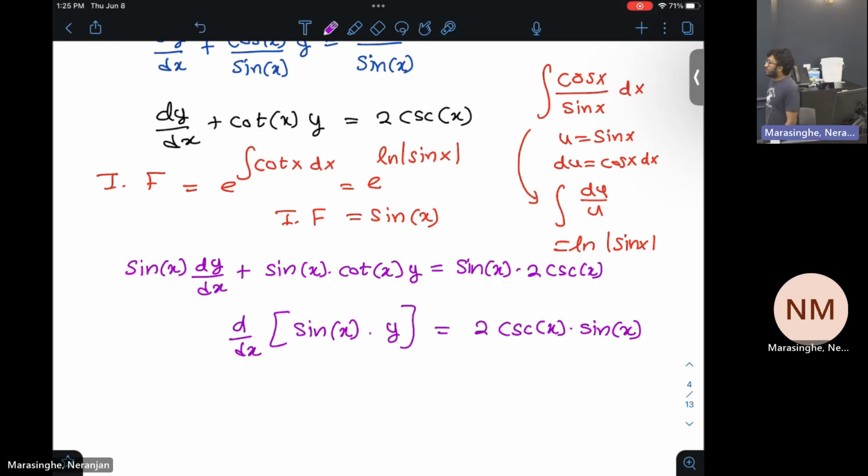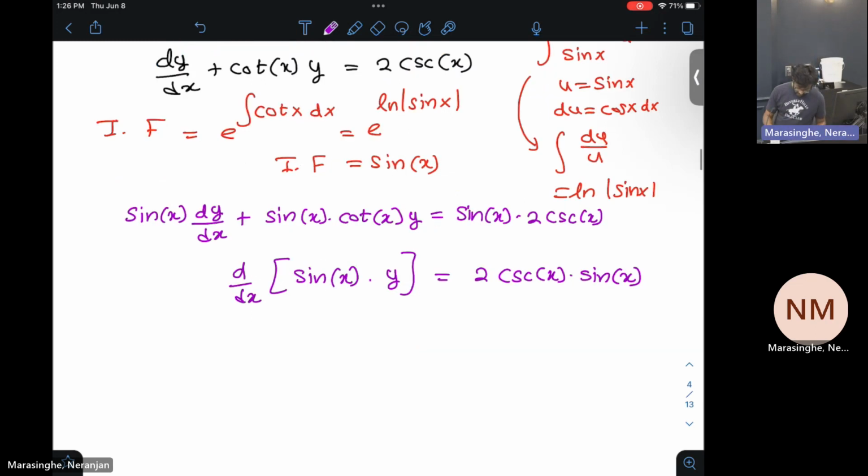What can you say about your right hand side? On your right hand side, you have cosecant times sine. What is that product? Cosecant is 1 over sine, so cosecant times sine is 1. So you get 2 on your right hand side.